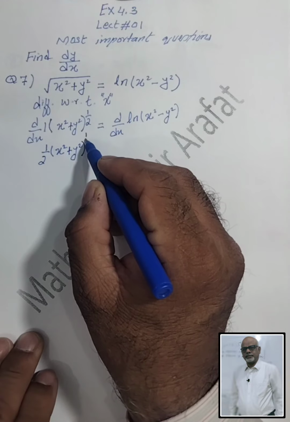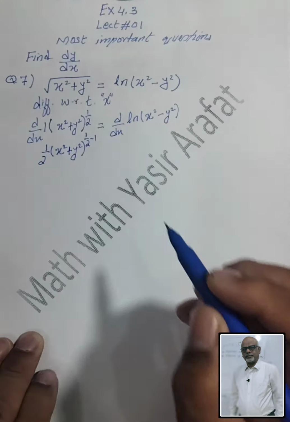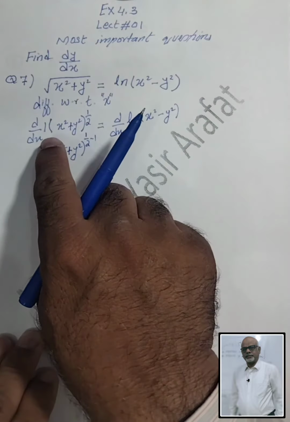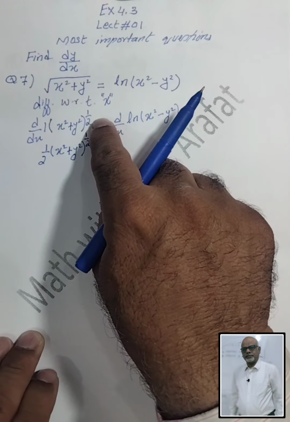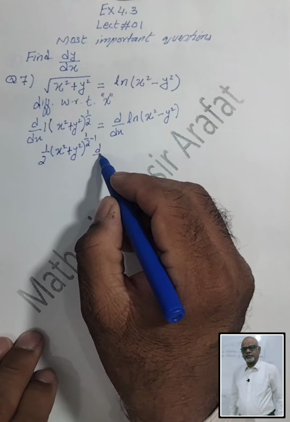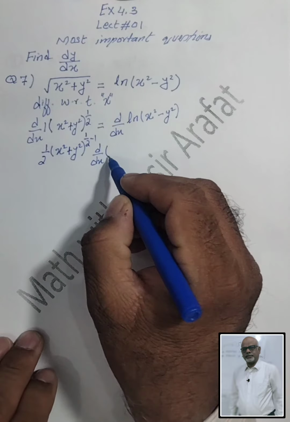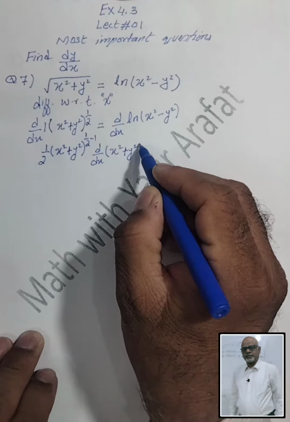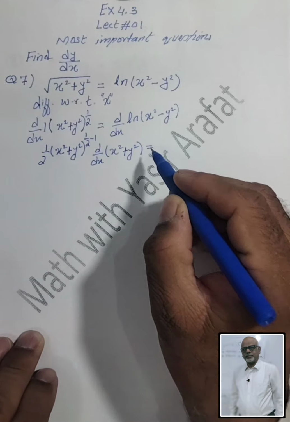Then we decrease 1 from the power. This is the power rule. Now we have to find the derivative of the function, that is x square plus y square. This is called the power rule.